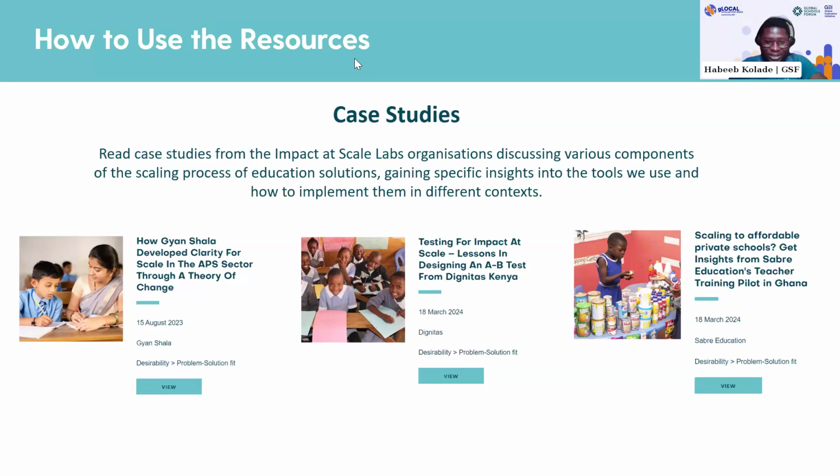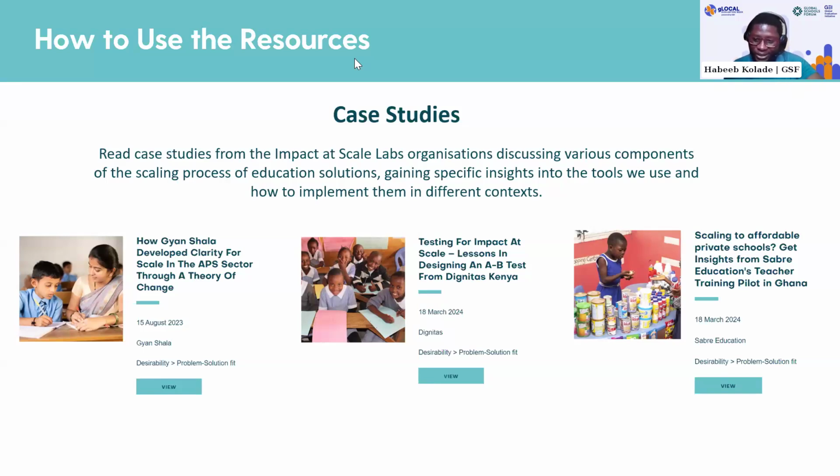We have various examples like that, talking about various components of your scale journey. Another one here is Dignitas, on how they've been testing for impact at scale, which is also another way of ensuring desirability within your solution. We have some clear markers here that let you know which case studies fit where.